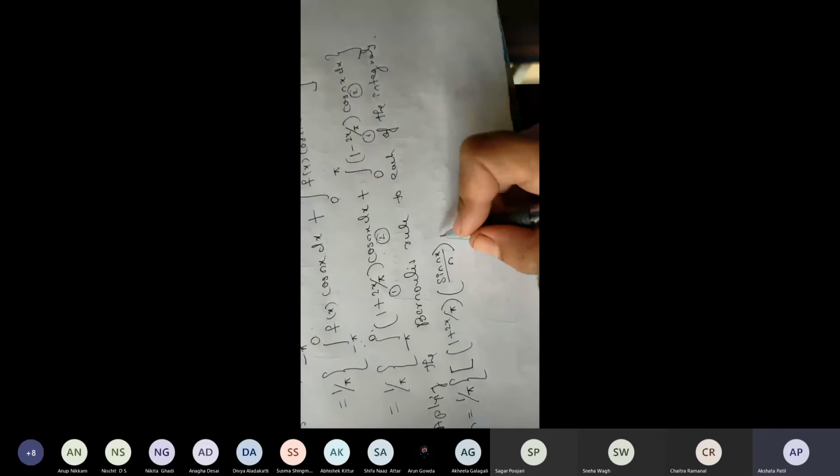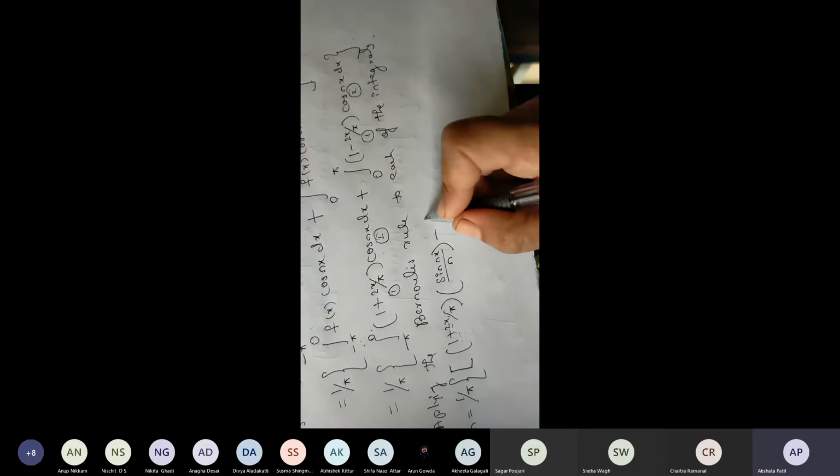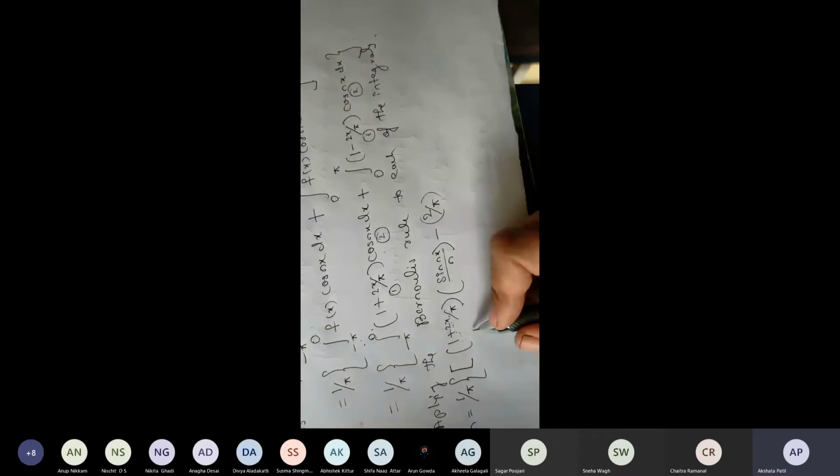Now the minus sign, differentiation of 1 plus 2x by pi. The differentiation is 0 plus 2 by pi, since x differentiation is 1. So is it 2 by pi? Say yes or no. Yes, ma'am.